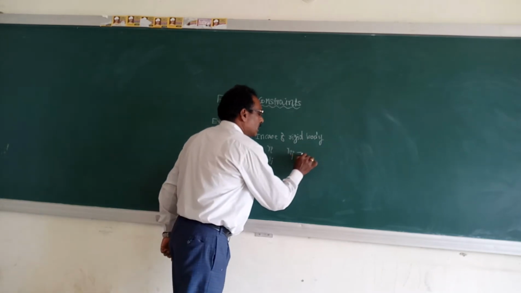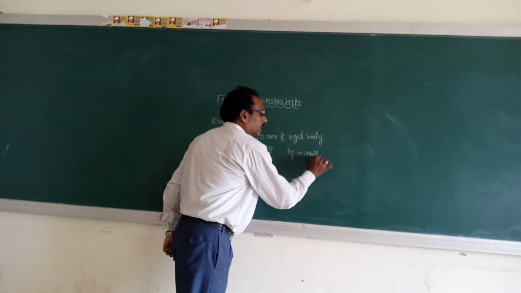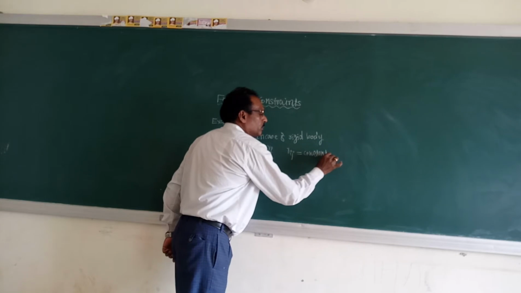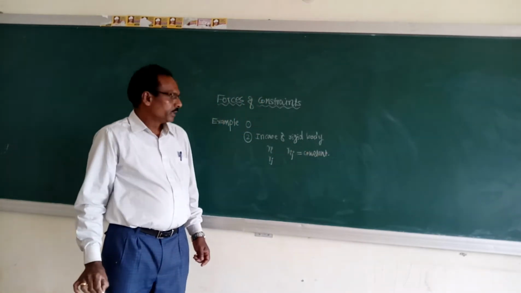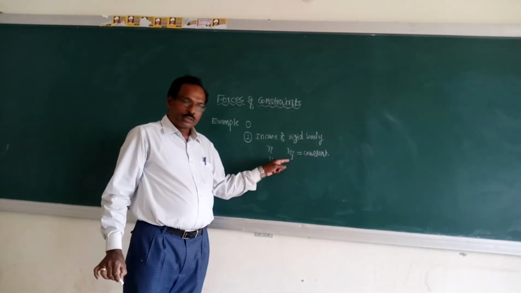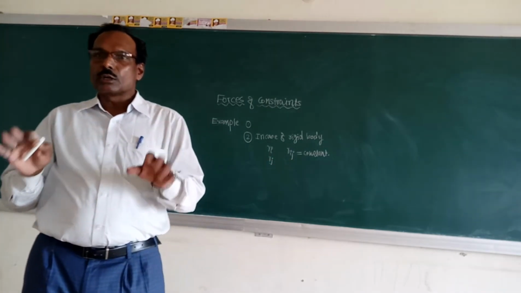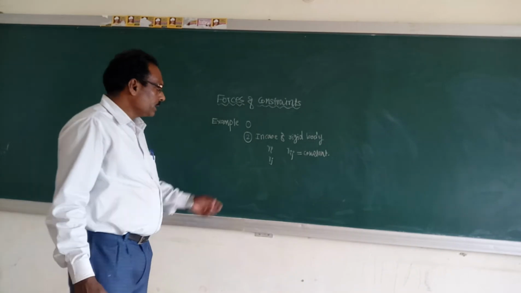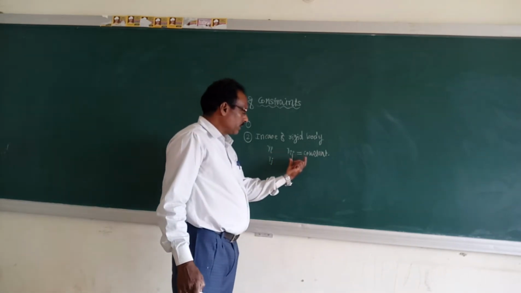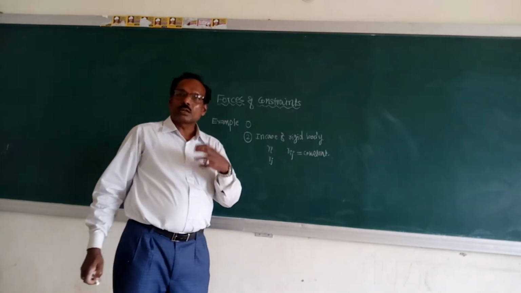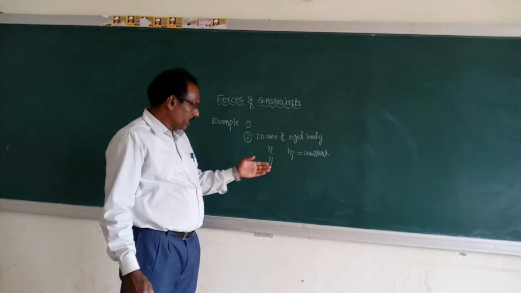We write this as constant in case of a rigid body. So this distance between any two particles is always constant in case of a rigid body, and the constraint here we call a holonomic constraint.